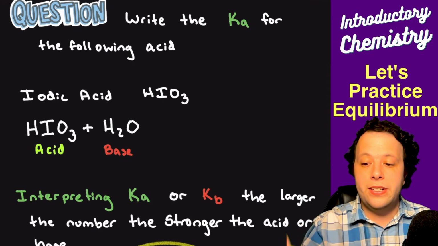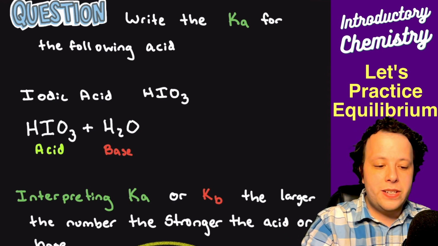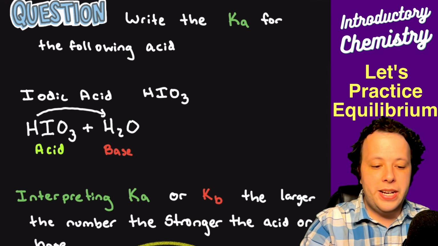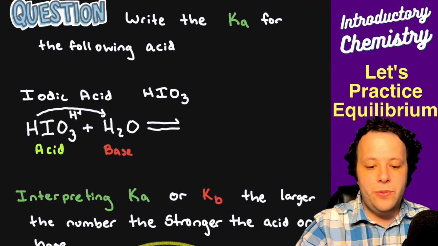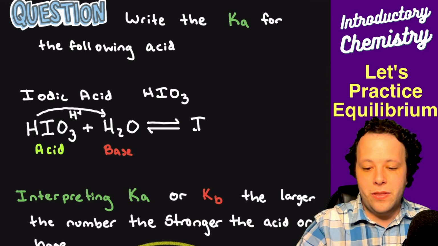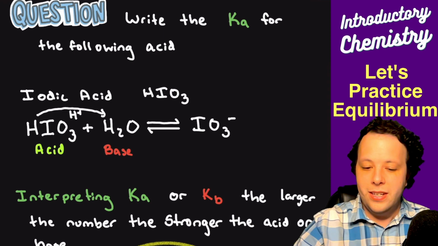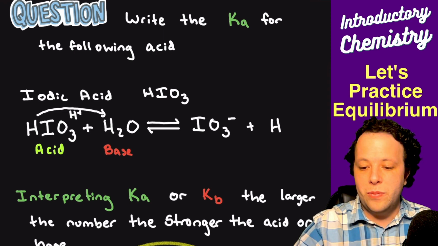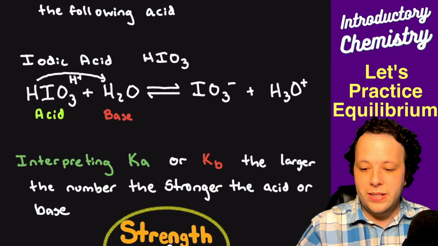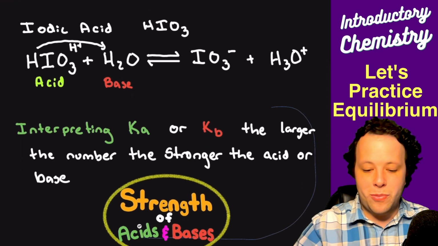Acids donate protons. So what's going to happen is the H from the iodic acid is going to donate to water. So when we write that, we are going to write our IO3 minus and then our H3O plus for our other product.